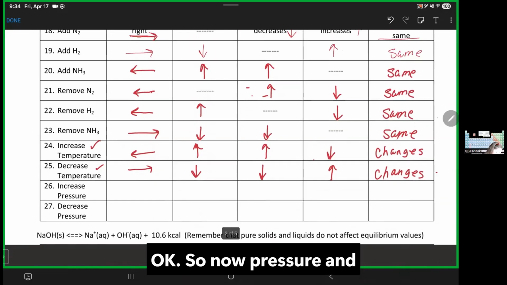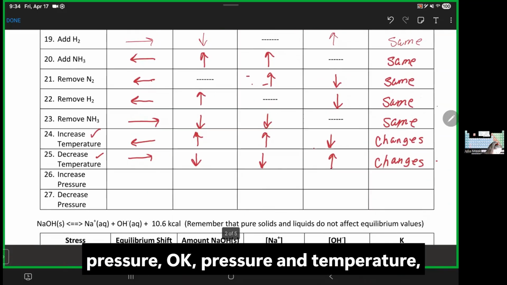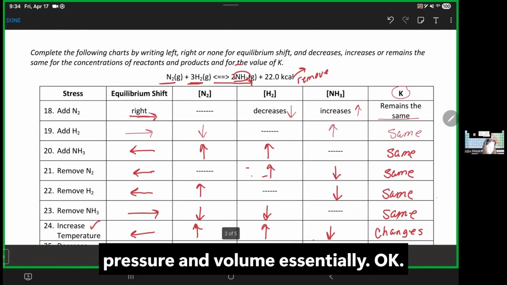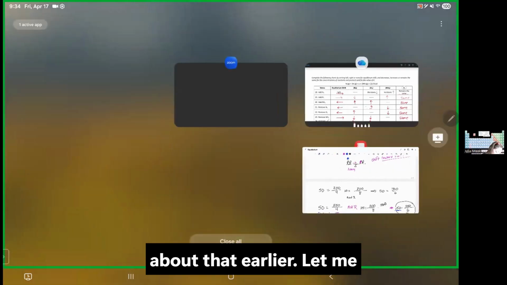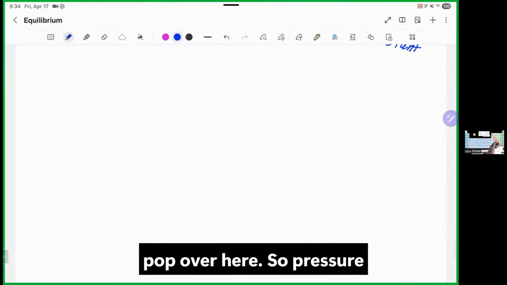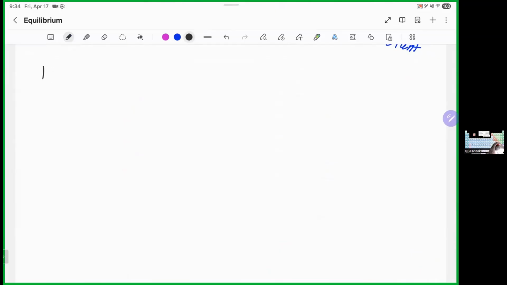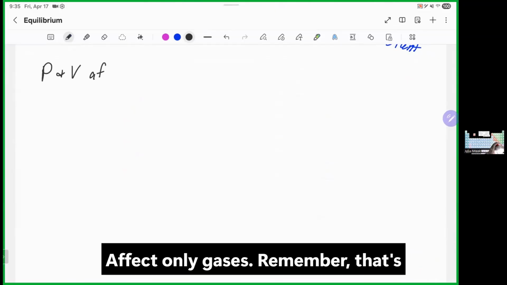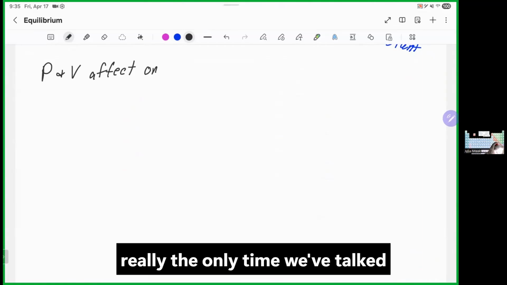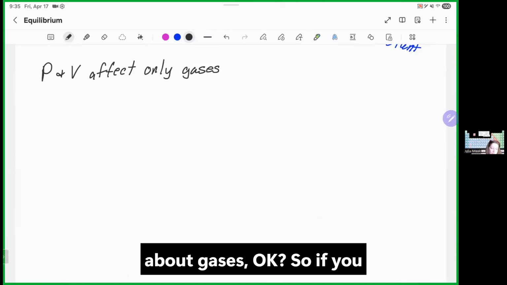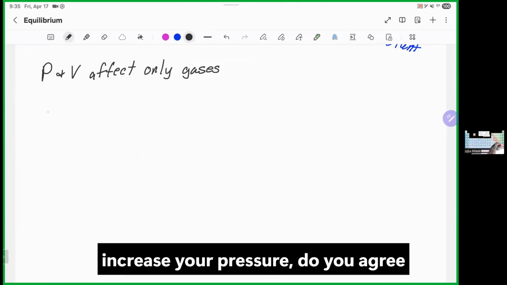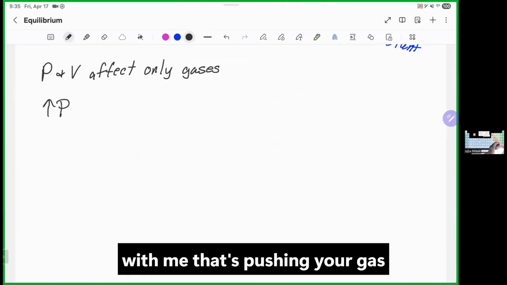Okay. So now pressure and volume essentially. I did not talk about that earlier. Let me pop over here. So pressure and volume affect only gases. Remember, that's really the only time we've talked about pressure is when we're talking about gases. If you increase your pressure, do you agree with me?